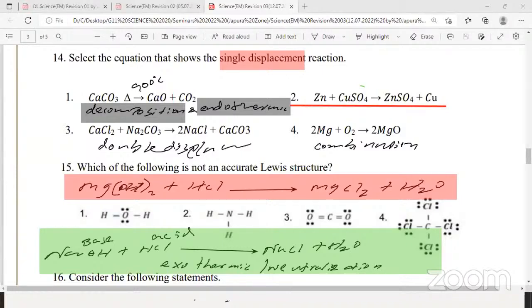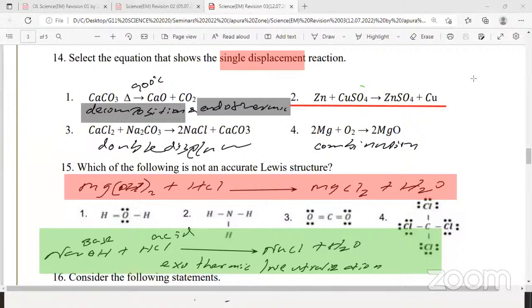If you are burning something in the kitchen, maybe LP gas or firewood or kerosene, combustion of any fuel is also an exothermic reaction, because exo means out, thermal means heat. Exothermic means heat is given out or liberated to the surrounding.